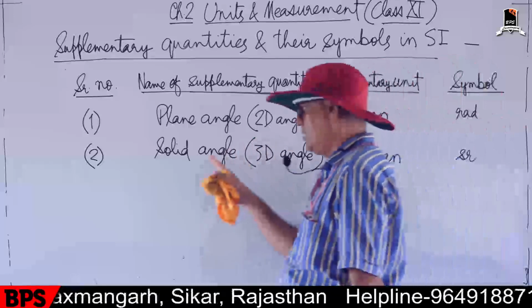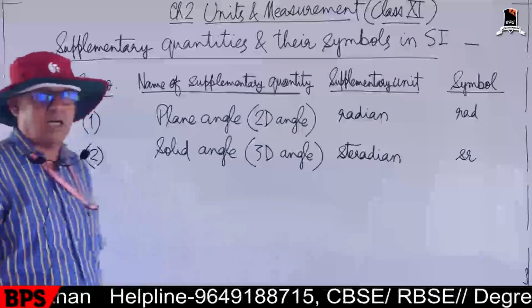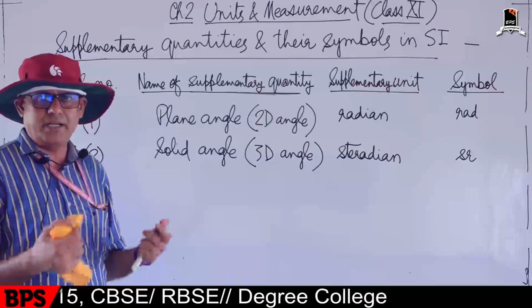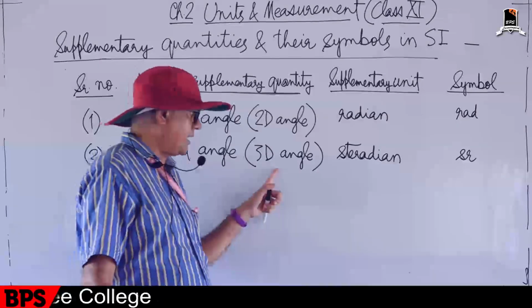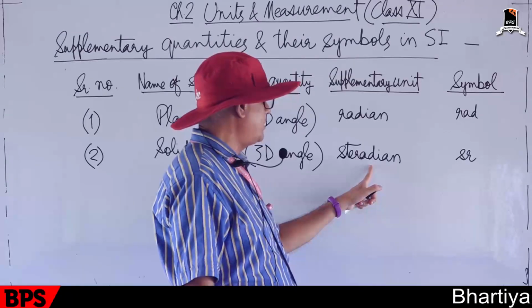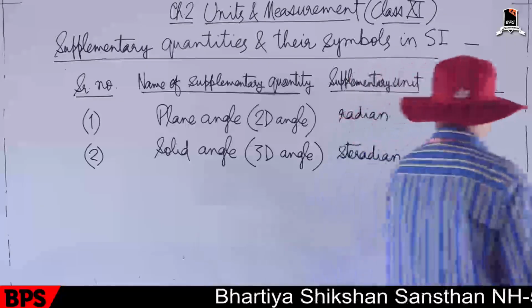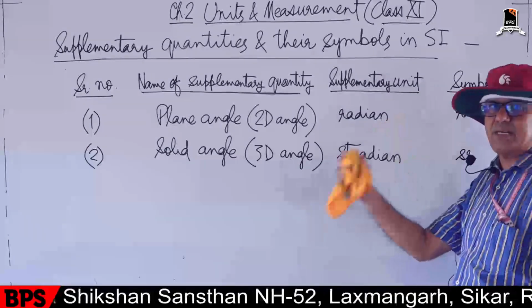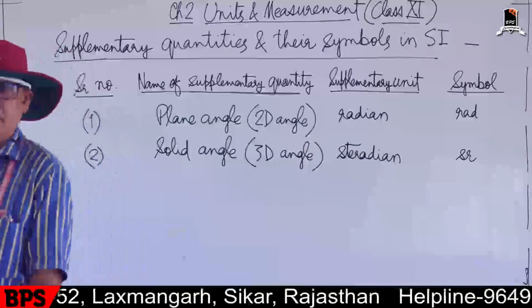And solid angle, three-dimensional angle, angles which are not contained in the plane of paper but contained in space are three-dimensional angles. Its SI unit is steradian and its symbol is small s, small r. So these are the fundamental and supplementary quantities taken in the SI unit system.